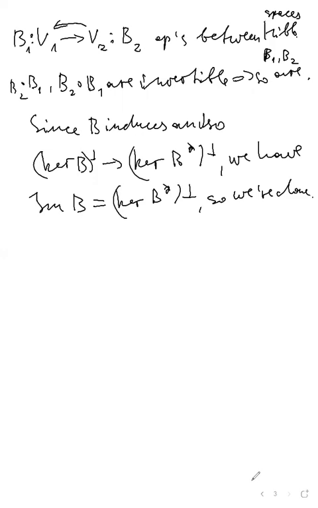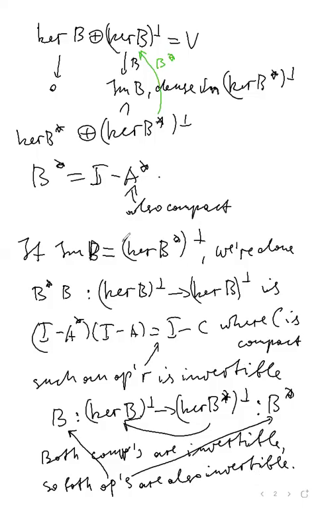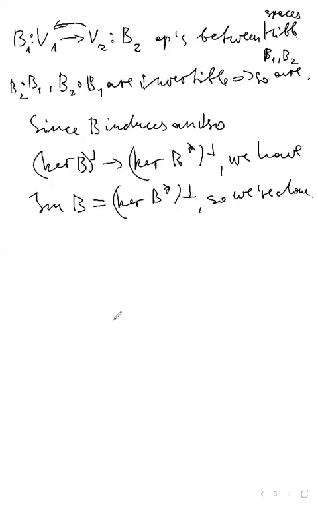Okay. So there remains one thing we didn't prove: identity minus or plus a compact operator is invertible. Does anyone have an idea of how to prove this?